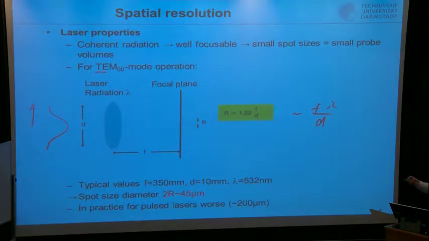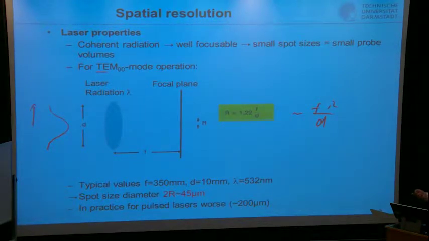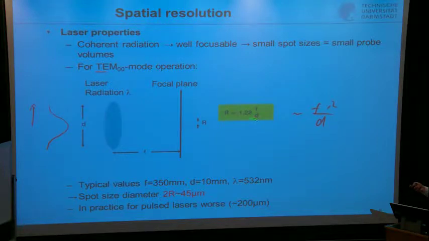That's why a working distance very often is limited in the order of 200 to 400 millimeters. Let's take here for the example 350 millimeters. So as you see directly from this relation, the shorter the focal length, the smaller the spot size. And that's why very often you try to get as close to the process as possible.